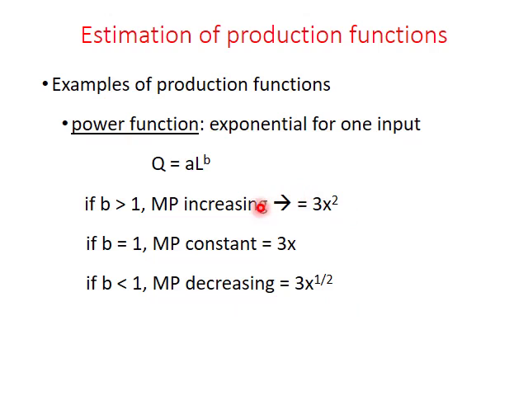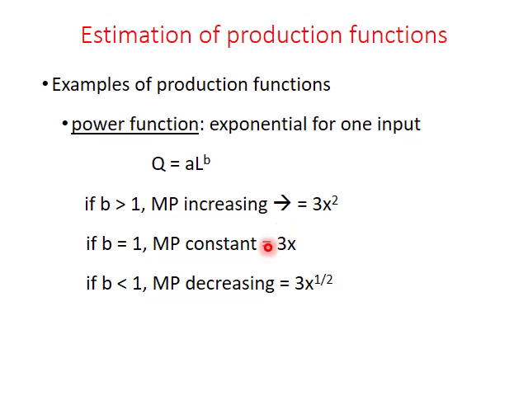So you can derive this. If B is greater than 1, that means if it is 2, when we differentiate this one, we get 6x. So when we increase x, the marginal product will also increase. When we differentiate this one here, B is equal to 1, that is, the exponent of x is 1.